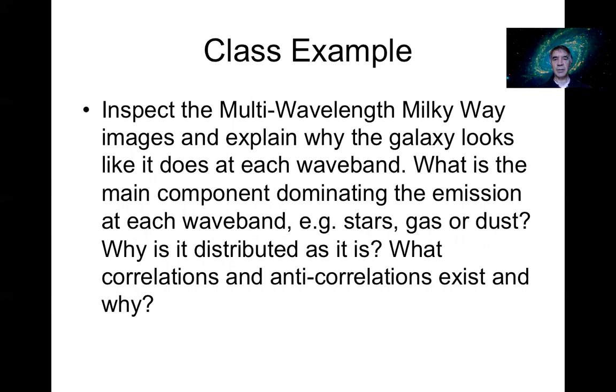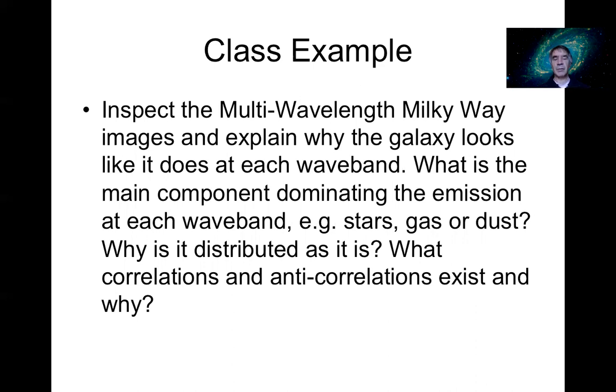Think about, again, what component is dominating the emission in each wave band. Ask yourself, are you looking at stars or gas or dust? Those are the 3 components. How is it emitting? Is it a spectral line or is it a continuum? If it's continuum radiation, can you apply Wien's displacement law and think about the typical temperature of objects that will be emitting at those wave bands and dominating the flux?